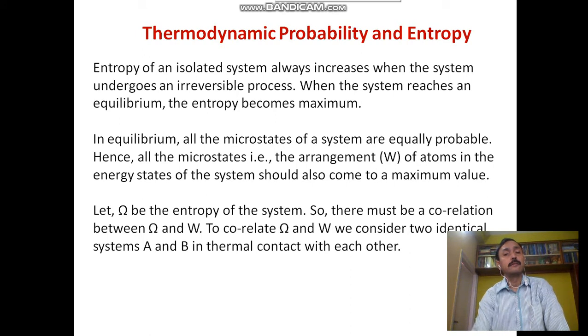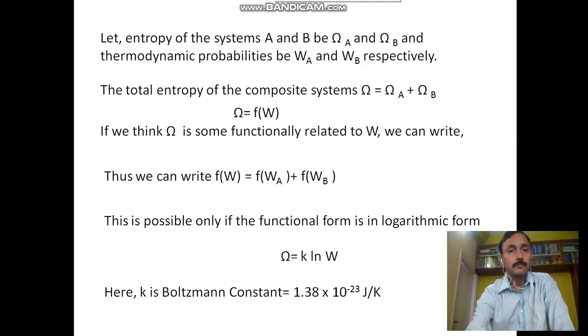To correlate sigma and W, we consider two identical systems A and B in thermal contact with each other. Let the entropy of the systems A and B be sigma A and sigma B, and the thermodynamic probabilities be WA and WB respectively.